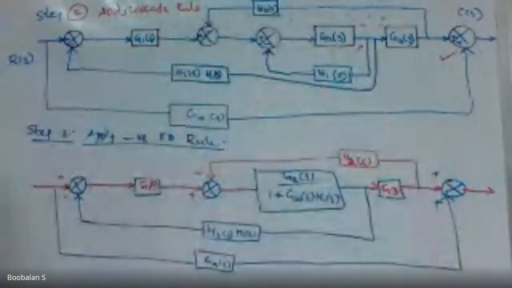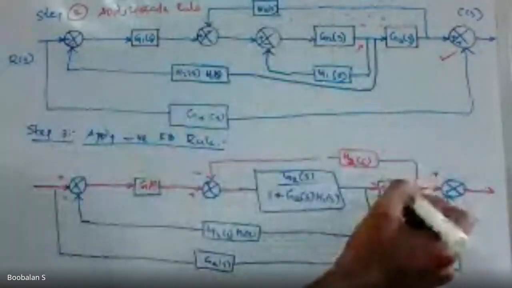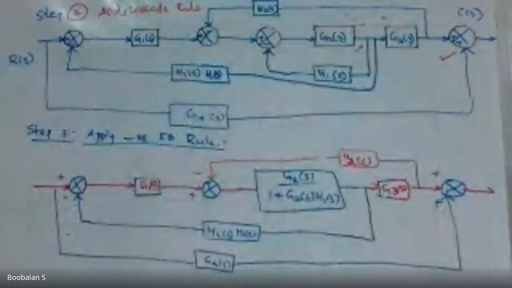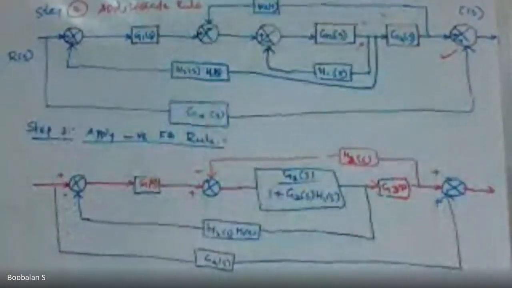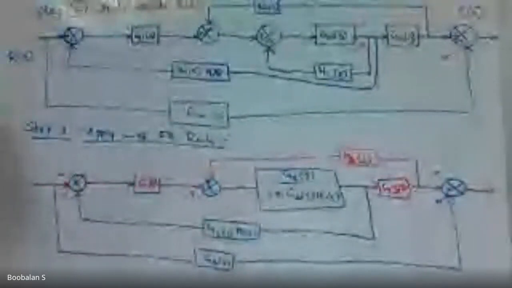G3 of S. G3 of S. What is the next rule? Anyone, please tell me. My dear Nina, it will be difficult for you as well as me. What do we do next? The negative feedback is already applied. Please, anyone tell me. Nothing can be done now, but something has to be done.